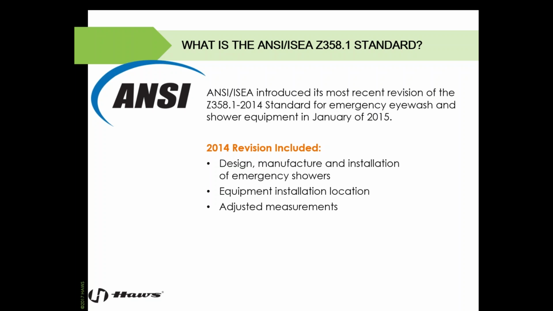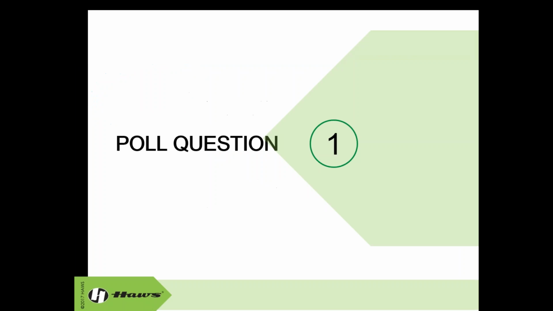The 2016 revisions included design, manufacture, and installation changes for emergency showers, where the equipment installation needs to be located, and then adjusted measurements for heights of installation and then the water flow. As mentioned earlier, we'll definitely get into more detail on these specific changes.